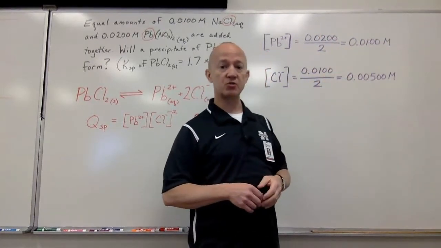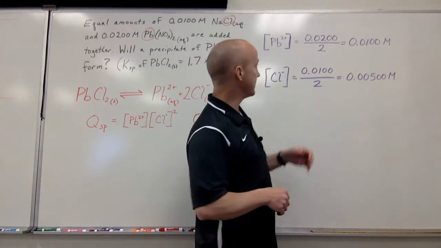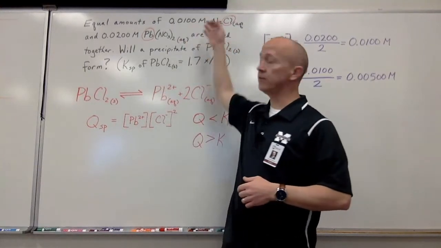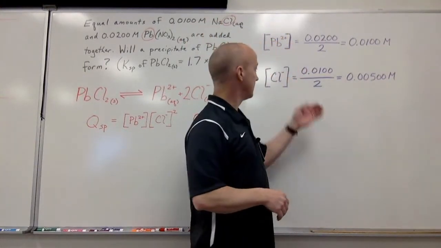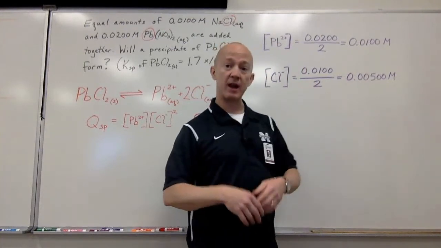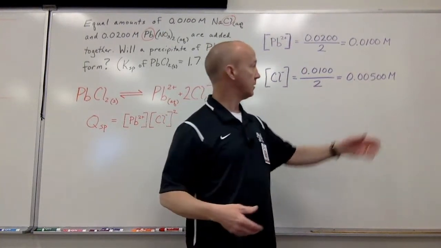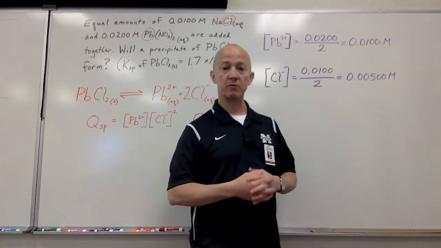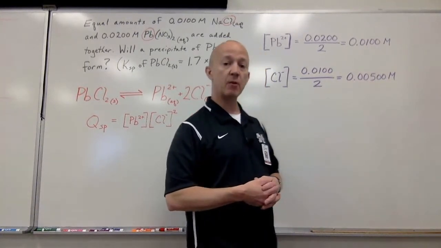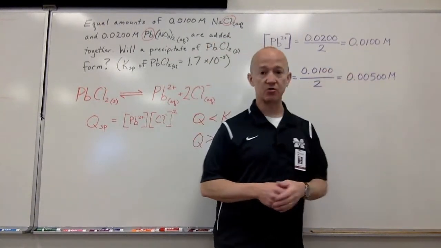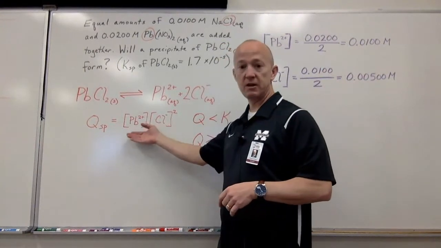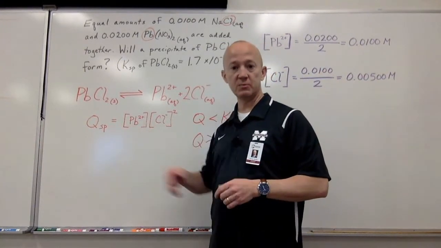We find the concentration of chloride by taking the initial concentration of the salt solution, dividing it by 2, since we're now double the volume, and we get 0.005 molar. So now we can take these concentrations, plug them in here, and solve for QSP.